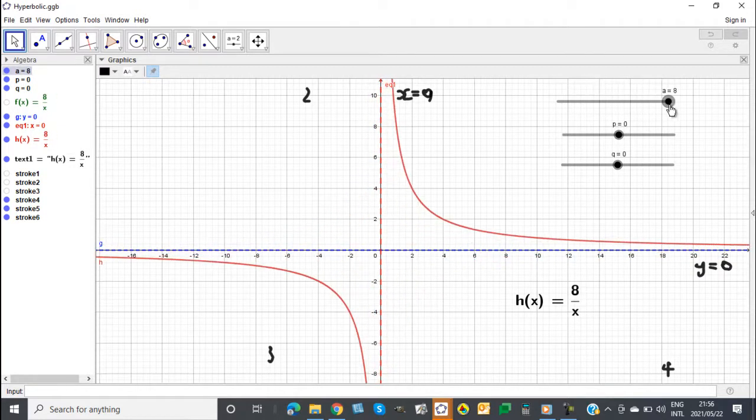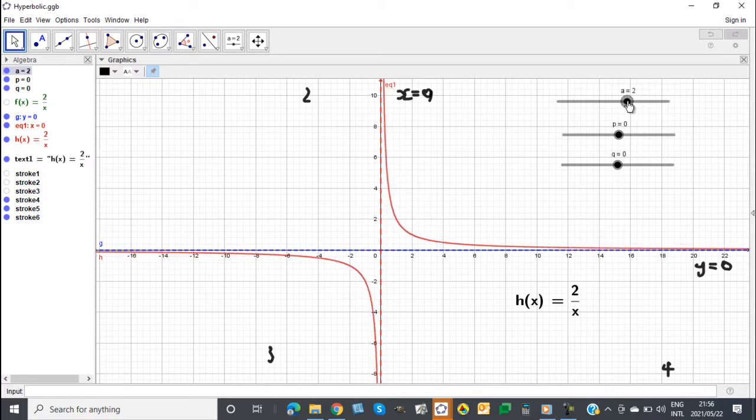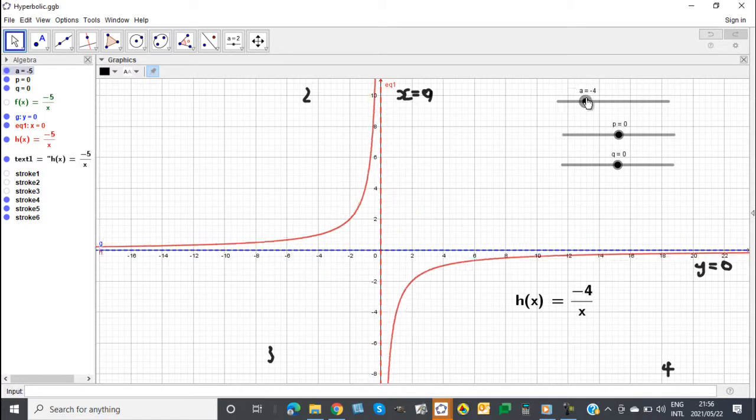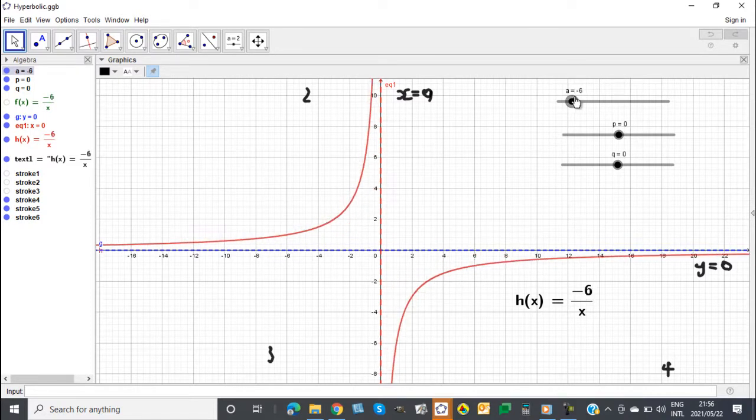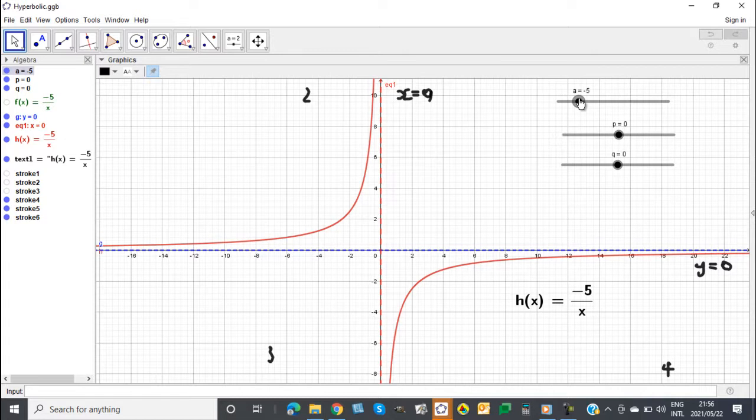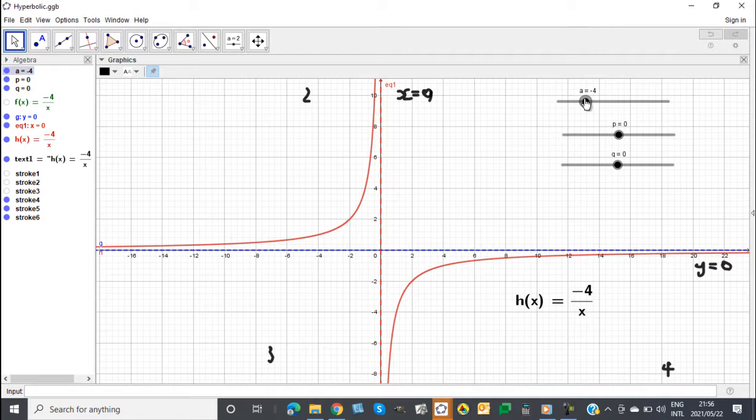Positive A, first and third; negative A, second and fourth. In simplest terms, that's what A does. A determines in which quadrants the two pieces of the graph will be positioned.